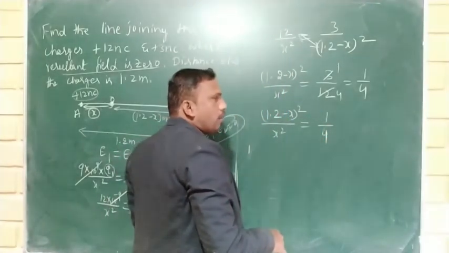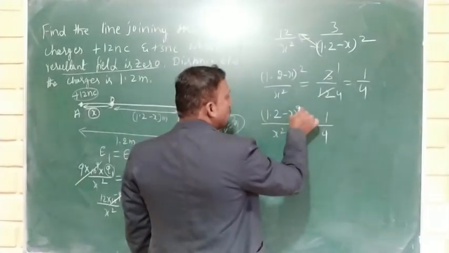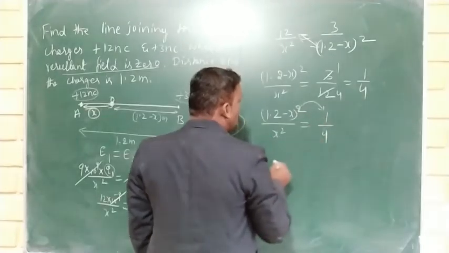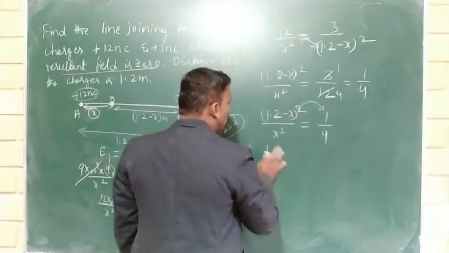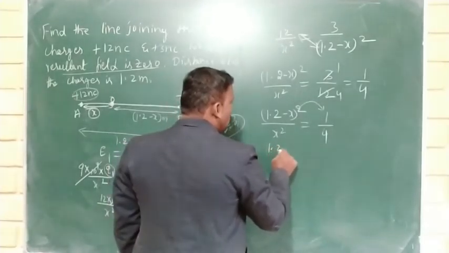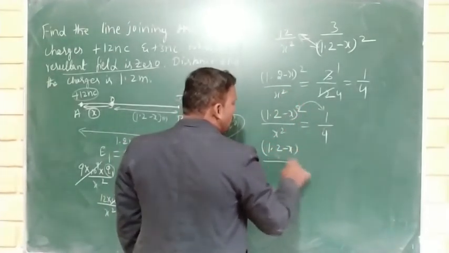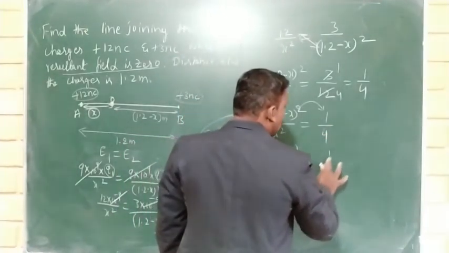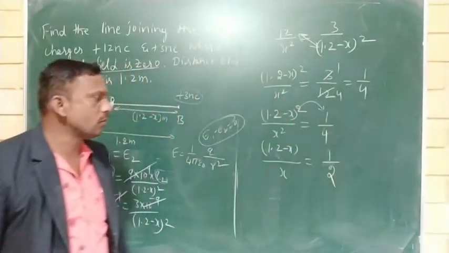Take the root on both sides. How to remove this square? The square goes to the right hand side and becomes a root. Taking the root on both sides, the square and root cancel, giving 1.2 minus x divided by x equal to the square root of 1 by 4, which is 1 by 2.